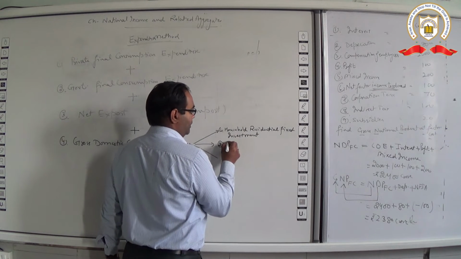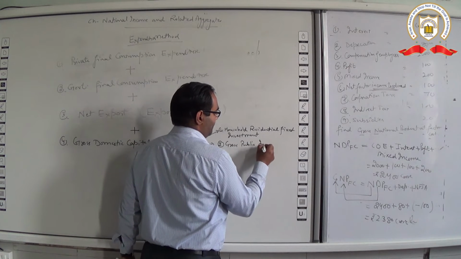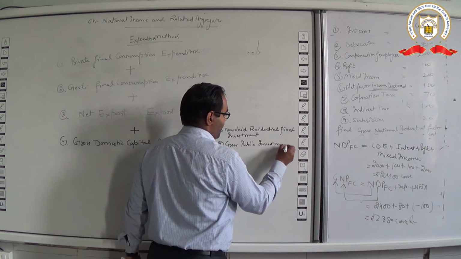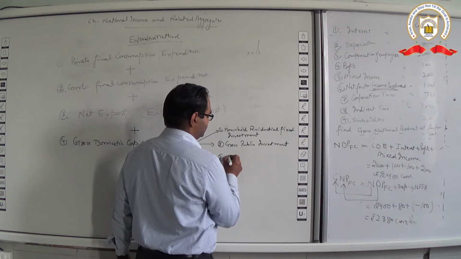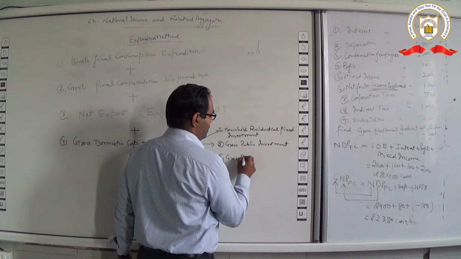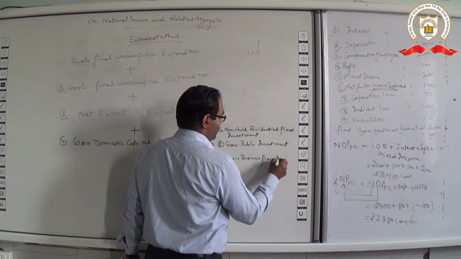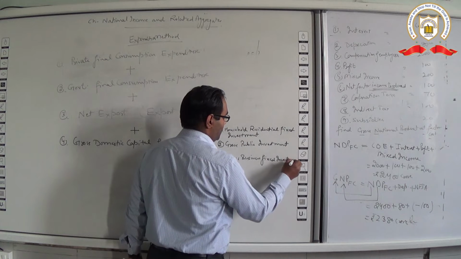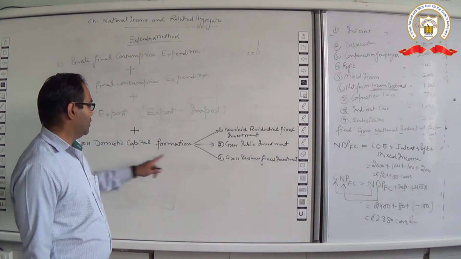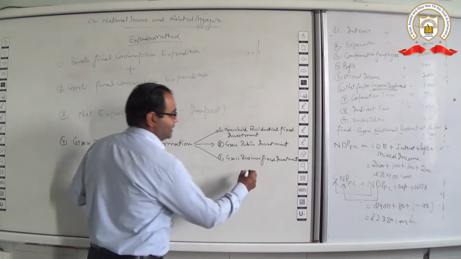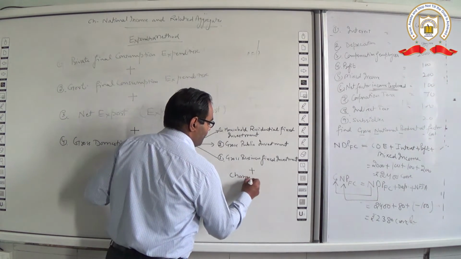Second, gross public investment. Third, gross business fixed investment. These are the three parts of gross domestic capital formation, and to these three items we add change in stock.